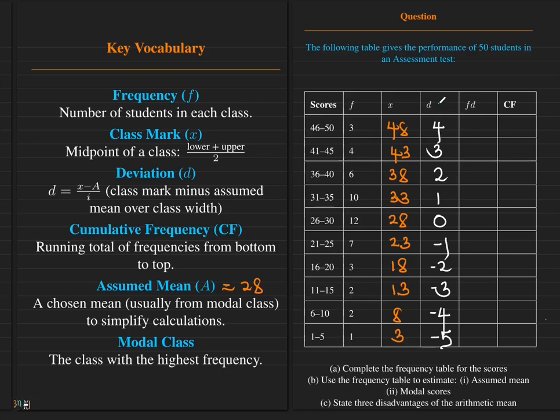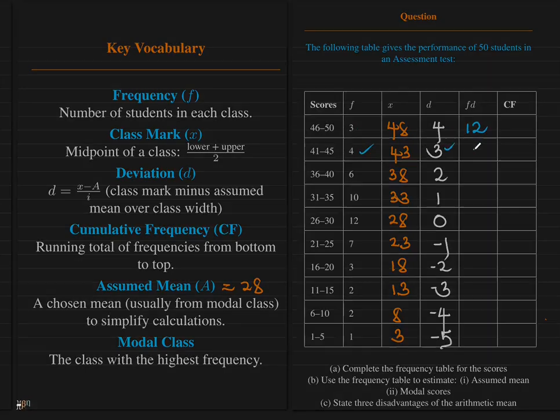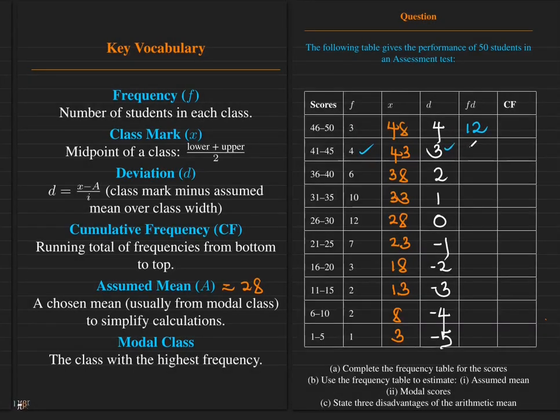So with our deviation, we multiply the deviation by the frequencies. That is the fd we have here. So 3 times 4 gives us 12. 4 times 3 also gives us 12.